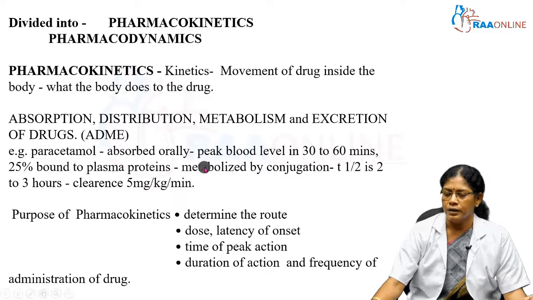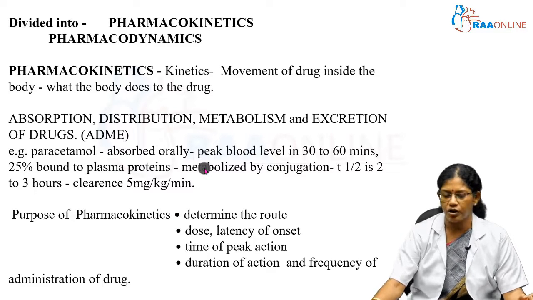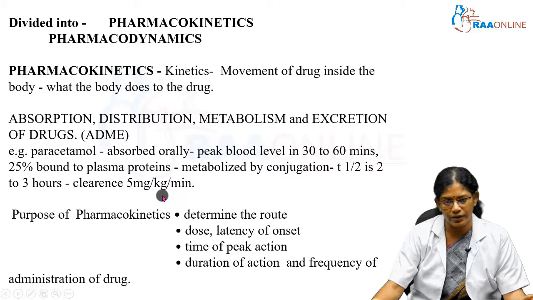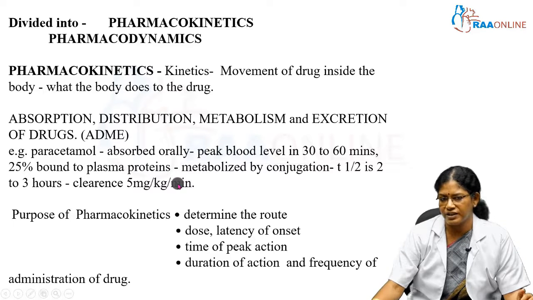This paracetamol is extensively metabolized by the liver by conjugation, and the half-life is 2 to 3 hours. It is excreted by urine, and the clearance rate is 5 mg per kg per minute. So the study of the absorption, distribution, metabolism and excretion of a drug is called pharmacokinetics.